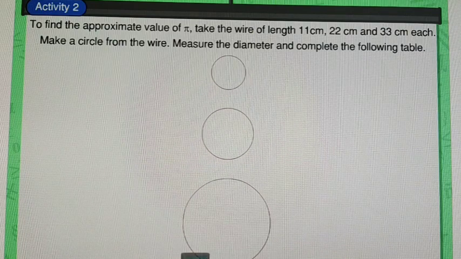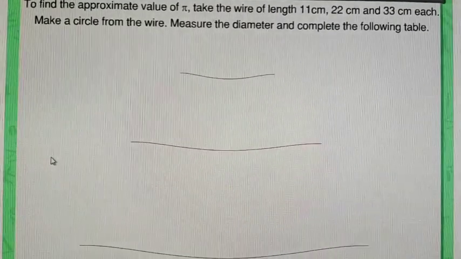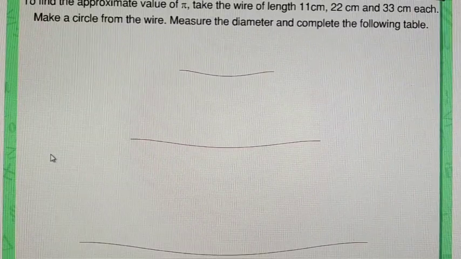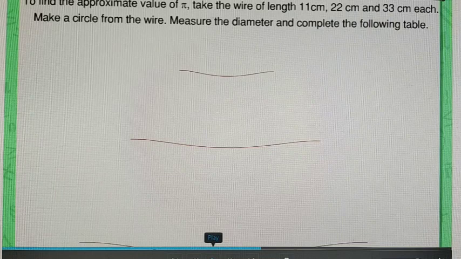Now here you can see we have taken strings. First is of 11 centimeter, second is of 22 centimeter and third is of 33 centimeter. Now we will fold the string into a circle. We will bend the string into a circle.